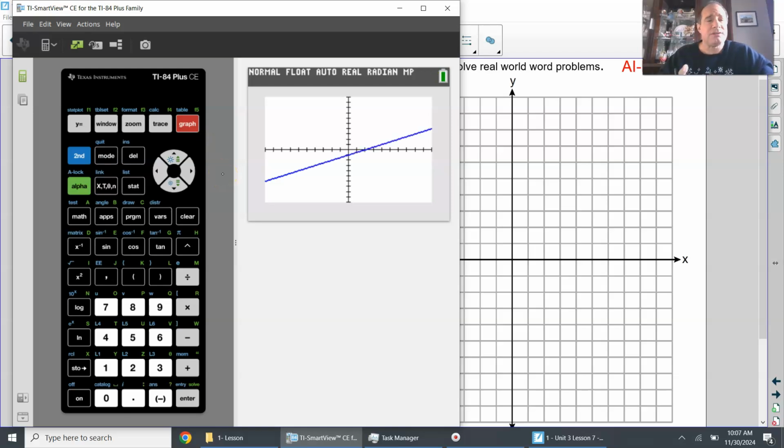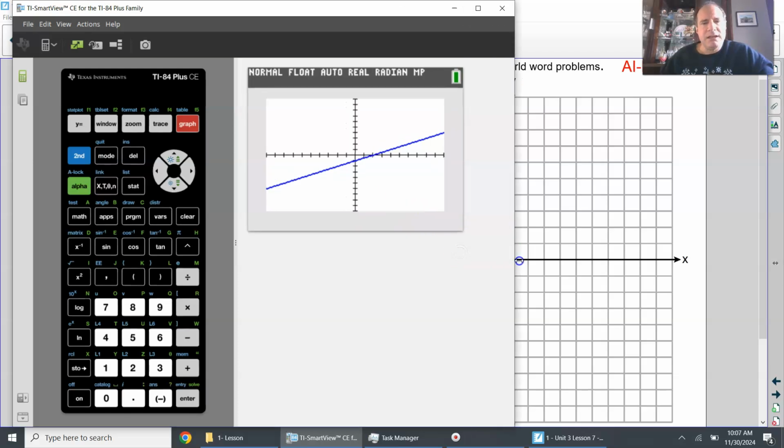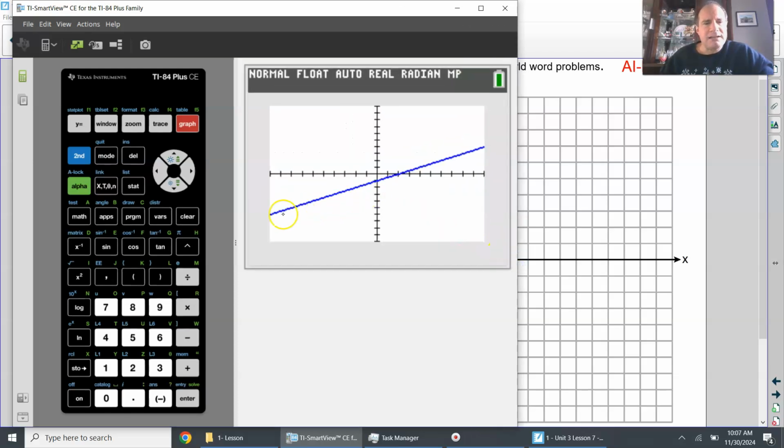You see how it crosses -1 on that coordinate grid, and it also has a gradual increase because remember, when a slope is close to 0, it is not as steep. The further away from 0, the steeper the line. So this line makes sense. It's a positive slope. It goes up 1, runs 2, crosses at -1.